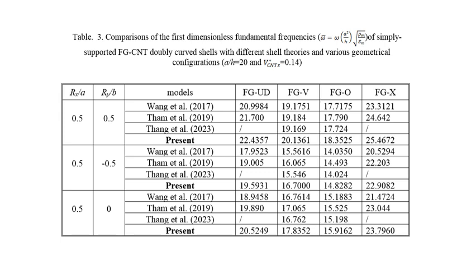Table 3 presents a comparison of the first dimensionless fundamental frequency of simply supported FG-CNT doubly curved shells with different shell theories and various geometrical configurations.